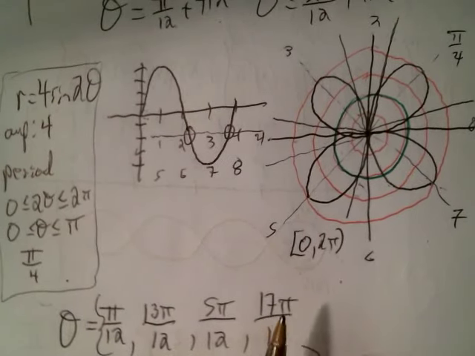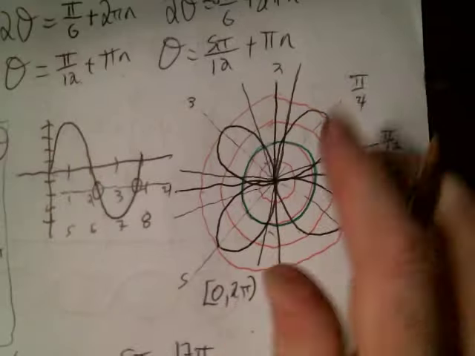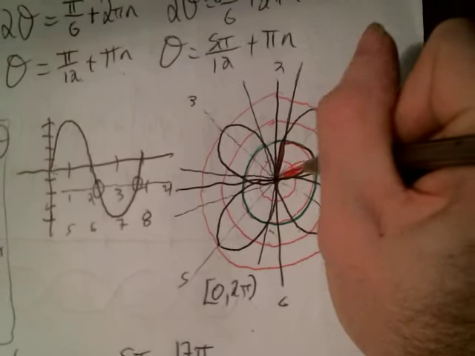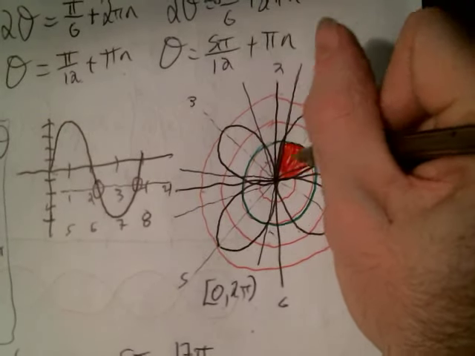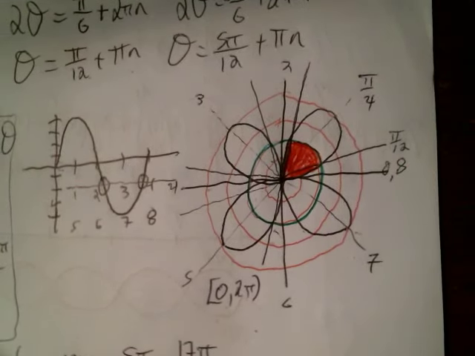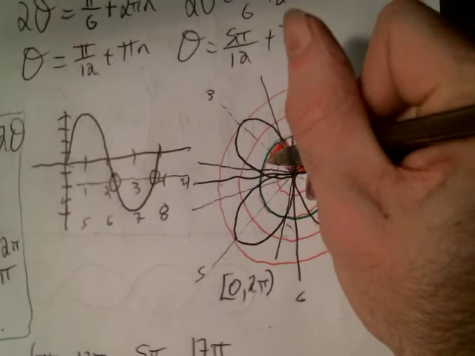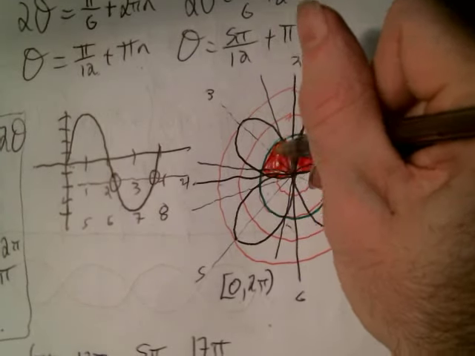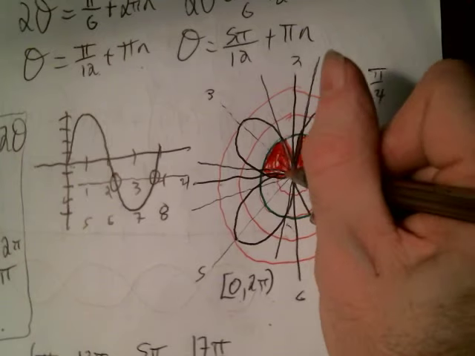Okay. So what does the book want us to do then? The book wants us to figure out the area that's in common with the rose petal and the circle. So it's kind of like a 4-leaf clover, but somebody went out and took a pair of scissors and cut off all the leaves, like right here. We want to find the area of that.